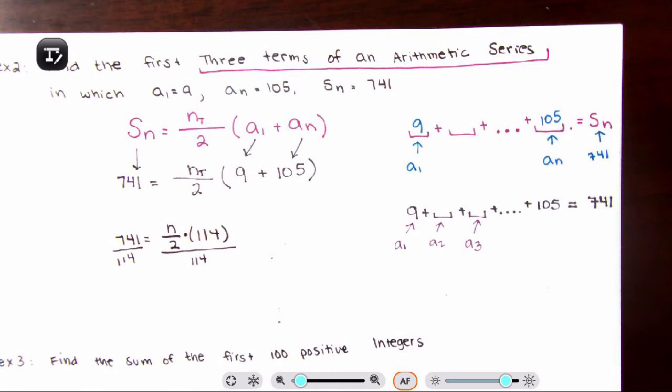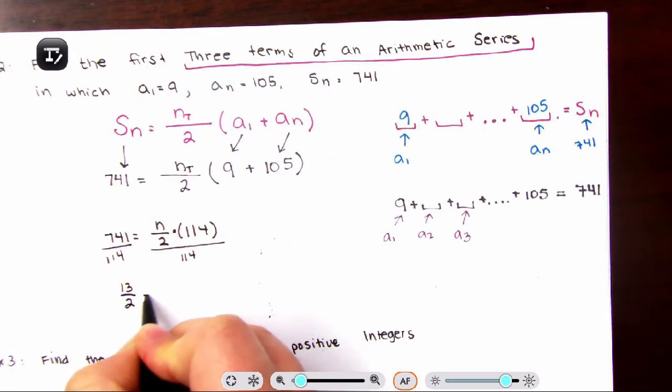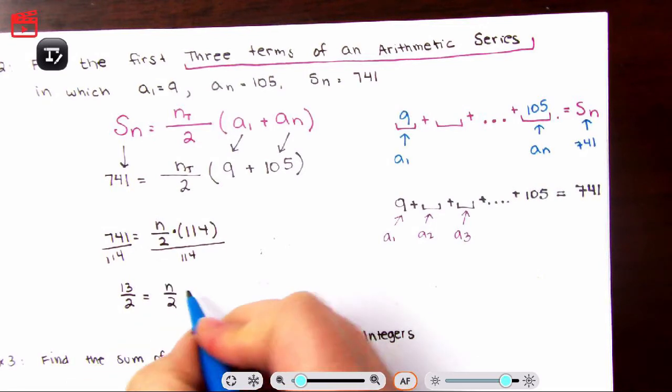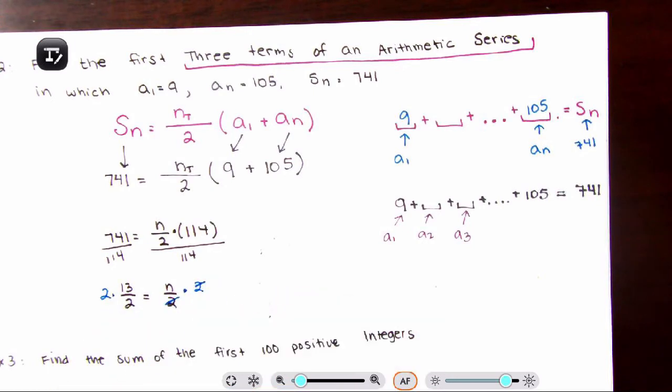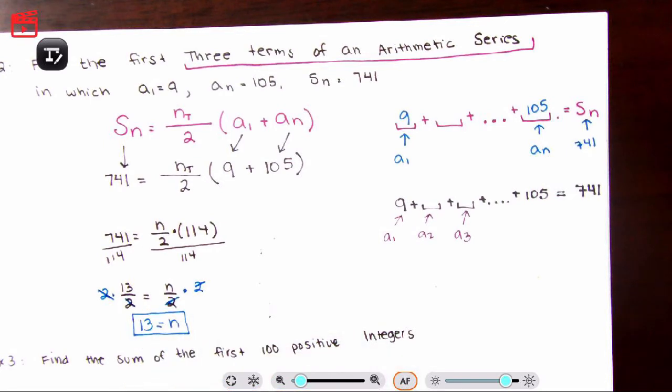And that gives me 13 halves, which is equal to n divided by 2. I'm going to multiply both sides by 2. 13 times 2 divided by 2. That means my total number of terms is 13.